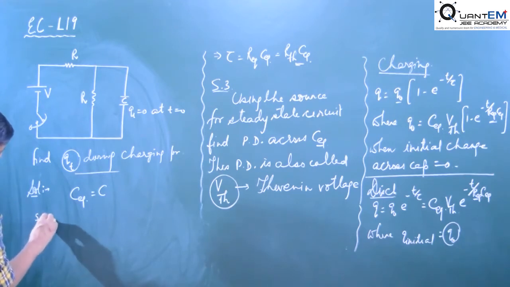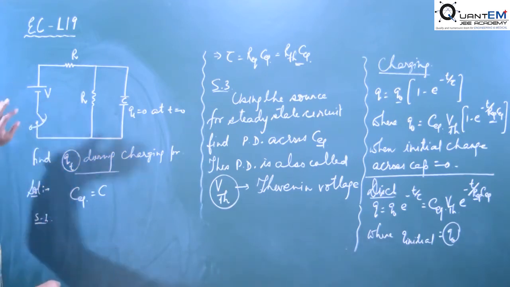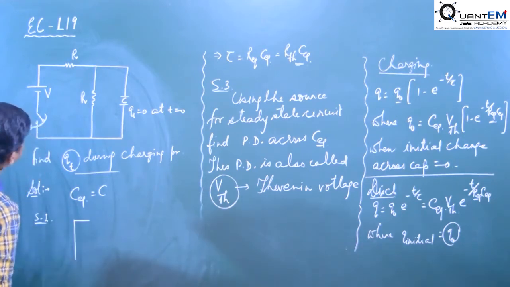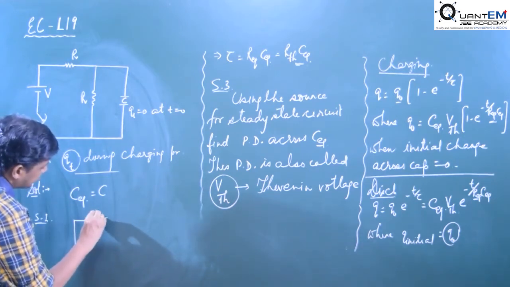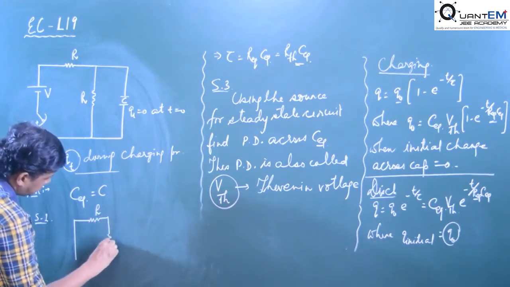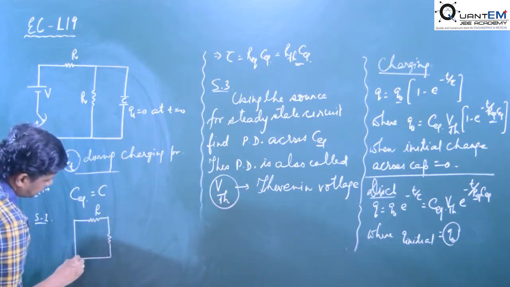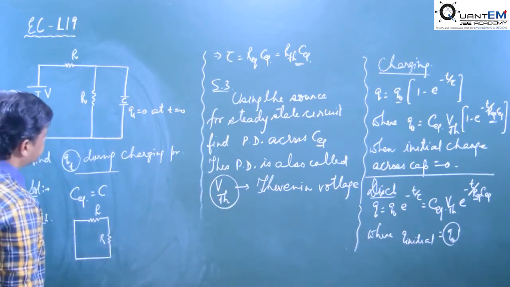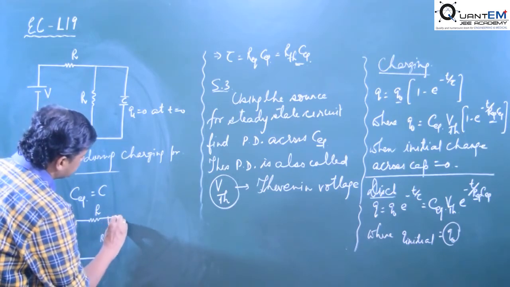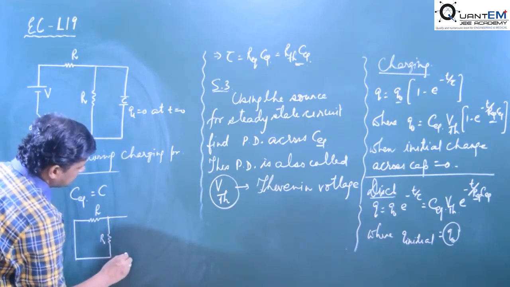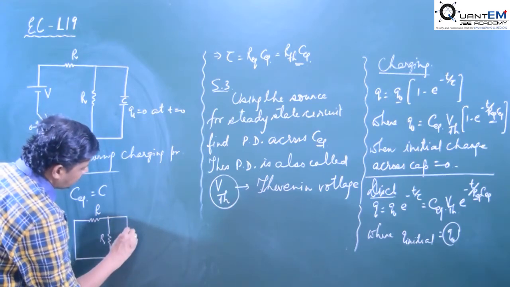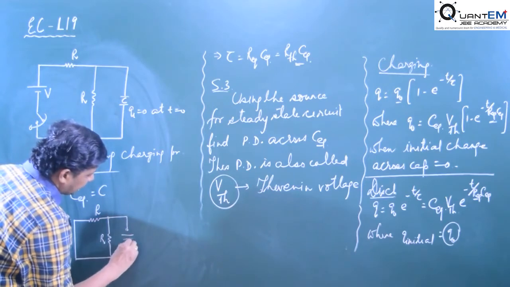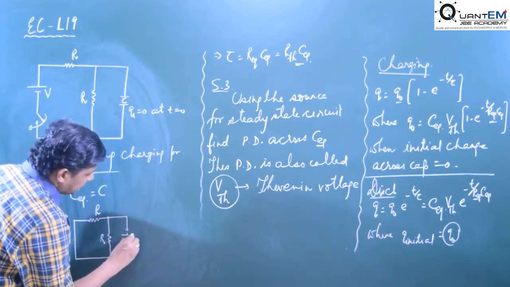So we come to the first step. This resistance we have R, this resistance is also R. About the terminals of the capacitor we have to find the equivalent resistance.